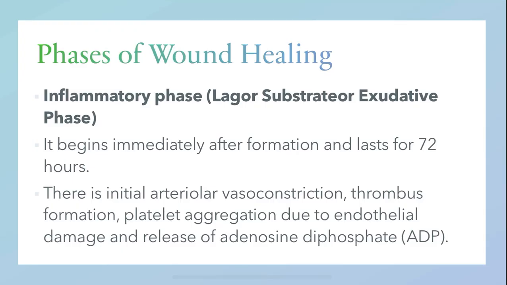In detail, the inflammatory phase, also called the exudative phase. It is beginning immediately after the injury and it is lasting for about 72 hours. There is initial arteriolar vasoconstriction, thrombus formation, platelet aggregation due to the endothelial damage.